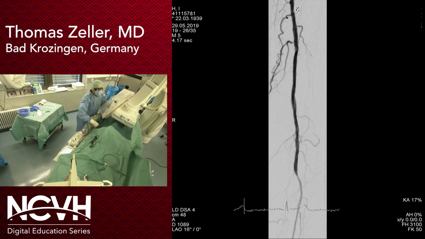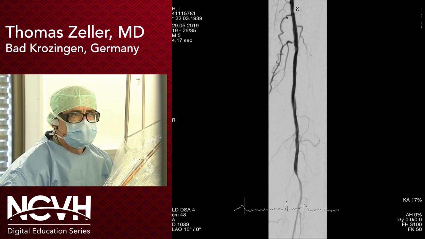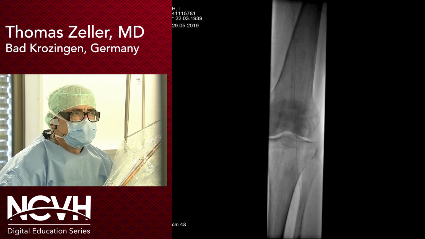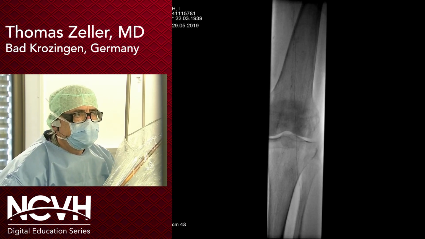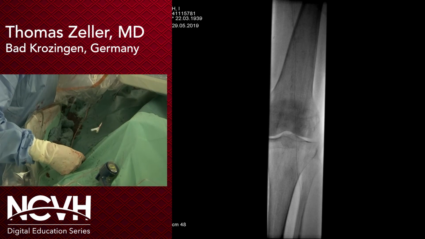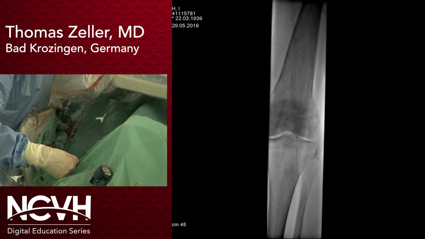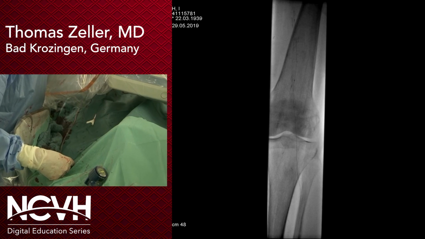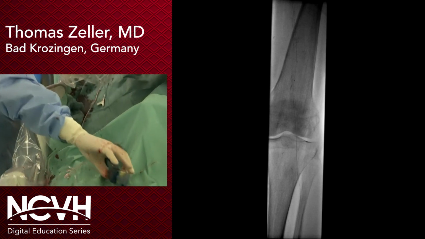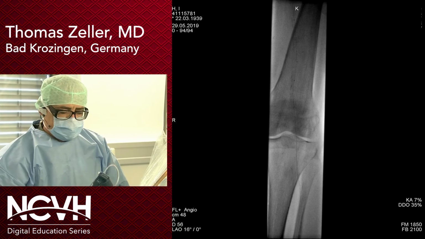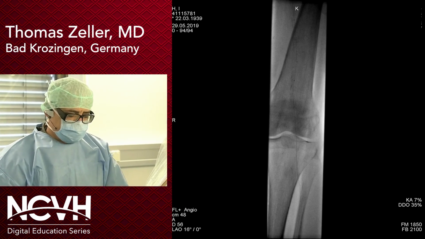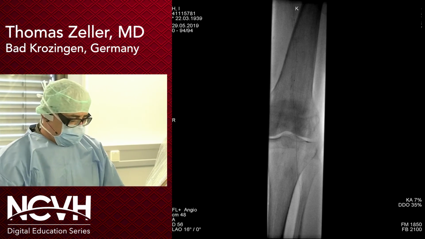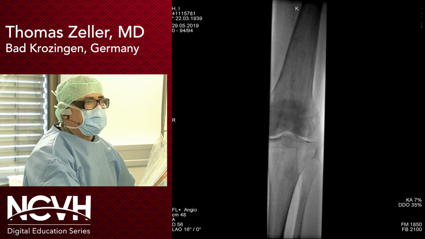So I'm inserting now an even slightly bigger balloon, a 6 millimeter balloon for the proximal section of the former occlusion. And finally, this will be done offline due to limited transmission time. I will also perform a below-the-knee drug-coated balloon angioplasty, and I will leave the tibioperoneal trunk untouched today.